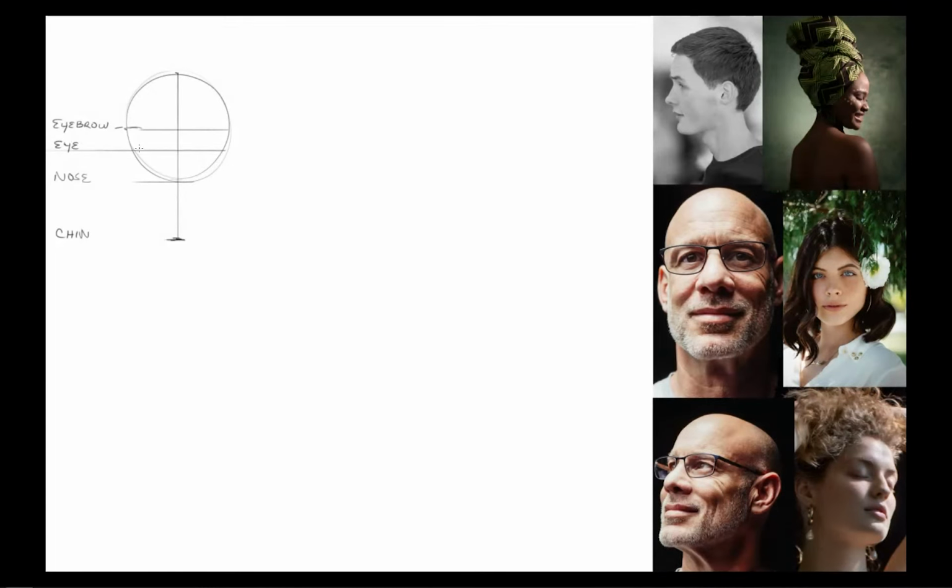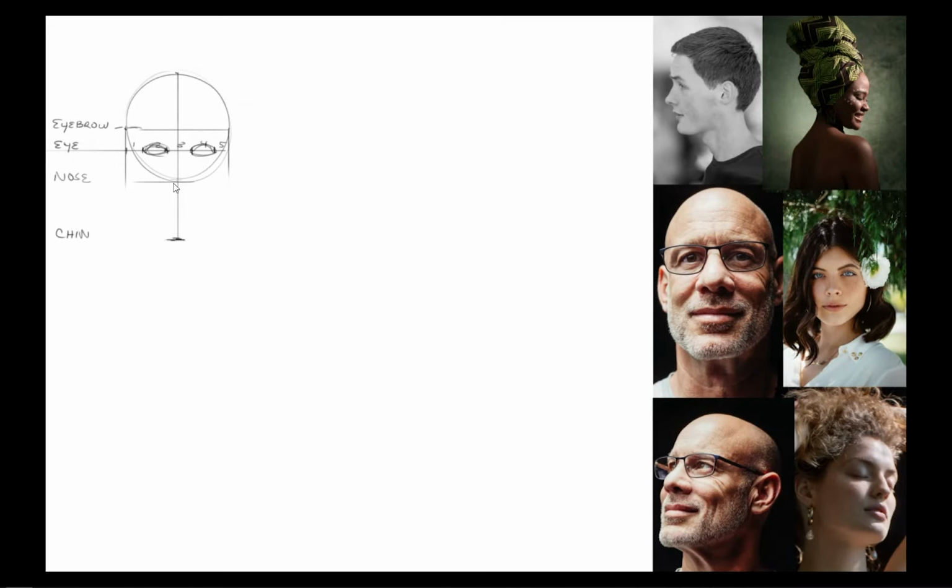With that in place, we can bring this down a little bit here, and if we divide this into 5 equal segments, 1, 2, 3, 4, 5, that basically gives us the width of our eyes. So if we draw our eyes like so, and I'm just roughing in basic shapes, that's going to give us that shape.